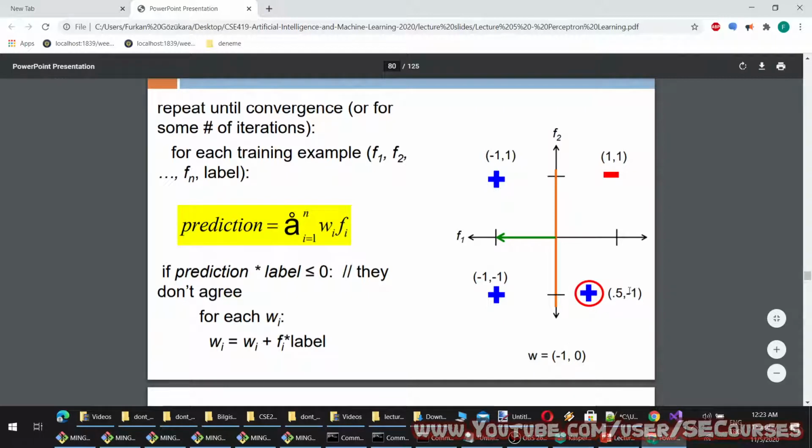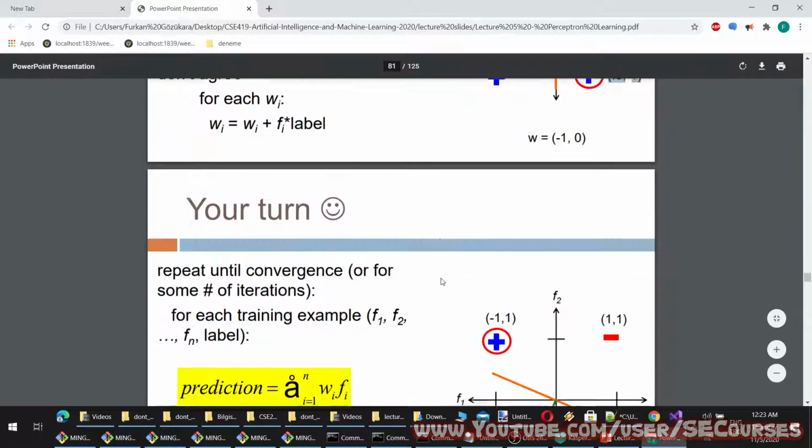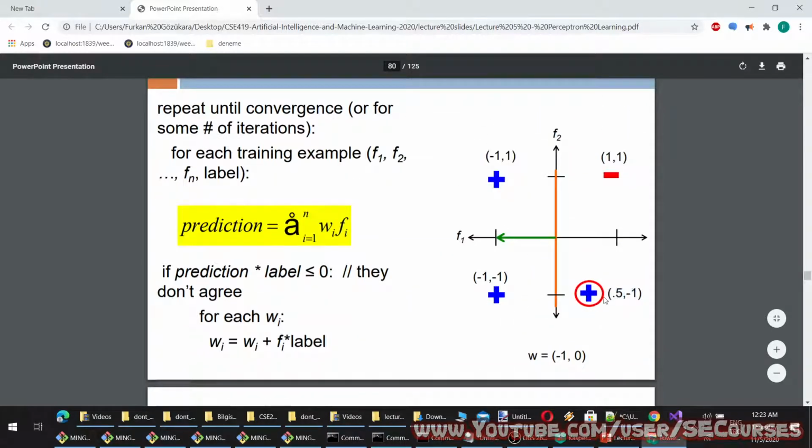Now we are checking the second case. In this case, 0.5 product -1 is minus 0.5 and 0 product -1 is 0. So this one, the first weight, contributed negatively in the correct way, and the second weight could have contributed positively, but it didn't.